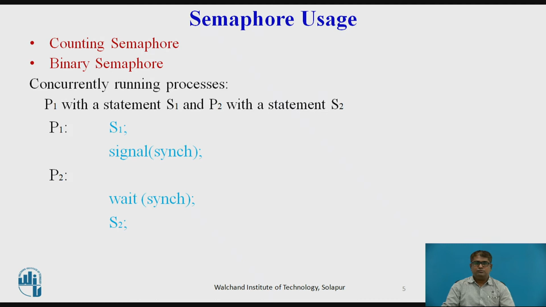Here, we can use semaphores to solve various synchronization problems. For example, as shown here, consider two concurrently running processes, P1 with a statement S1 and P2 with a statement S2. Suppose we require that S2 be executed only after S1 has completed.